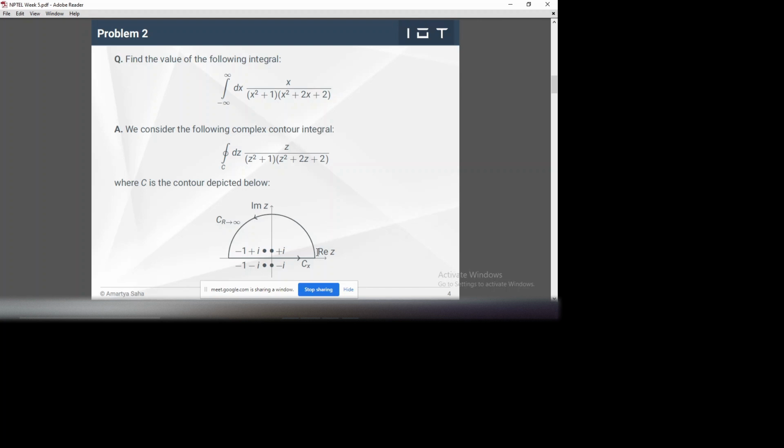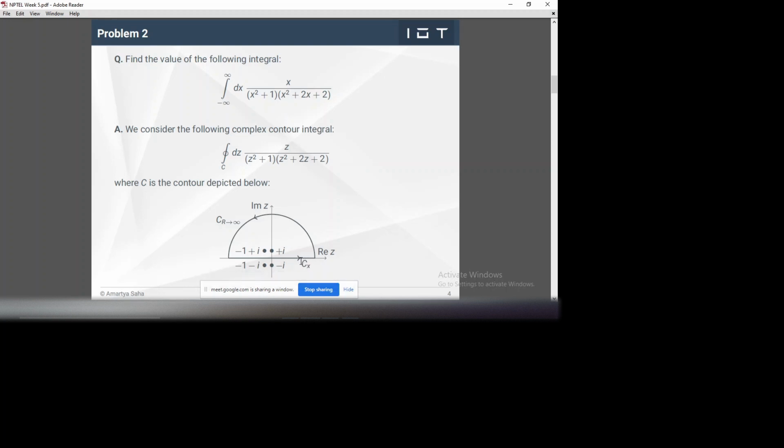Most importantly, you see, there is a sense of continuity in the direction of this closed contour, right? Since our real integral was from minus infinity to plus infinity, I have put the arrow on the Cx part like this.